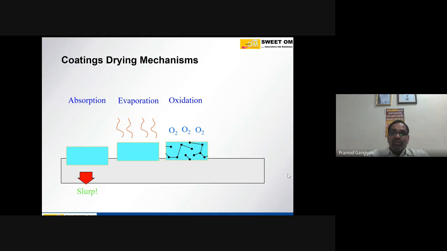So basically, there are four dimensions: absorption, then evaporation of solvents, then oxidation. Oxidation means the curing with the oxygen available in the environment. And fourth is the polymerization.